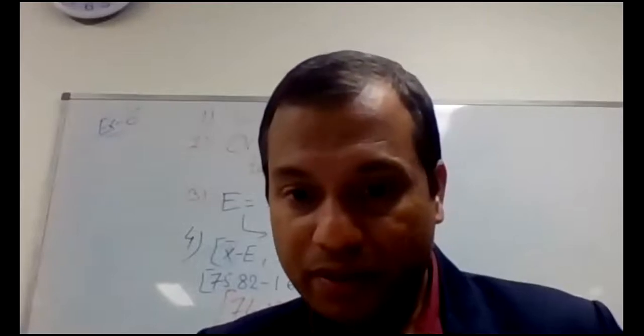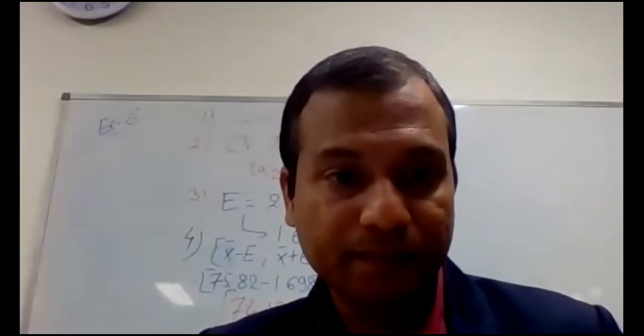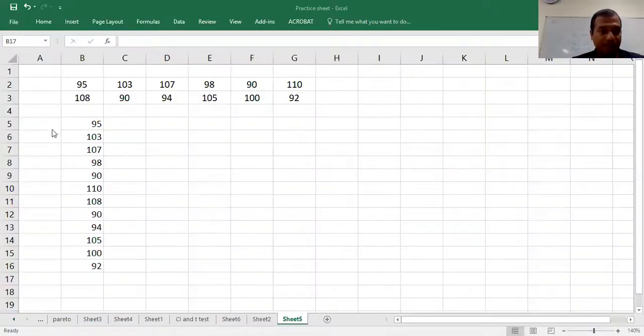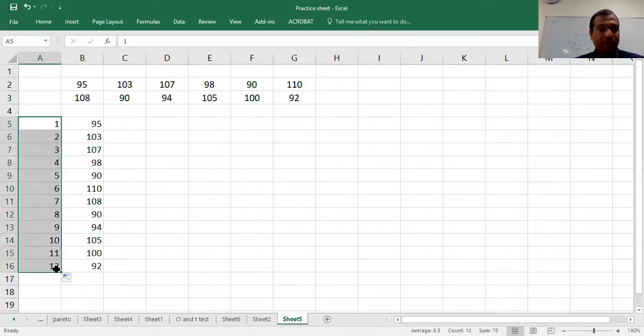Now I will share this sheet with you. You could see all the numbers. How many numbers are there? Let's see that. 1, 2, and then taking these two, I drag. Then you see how many numbers there are.